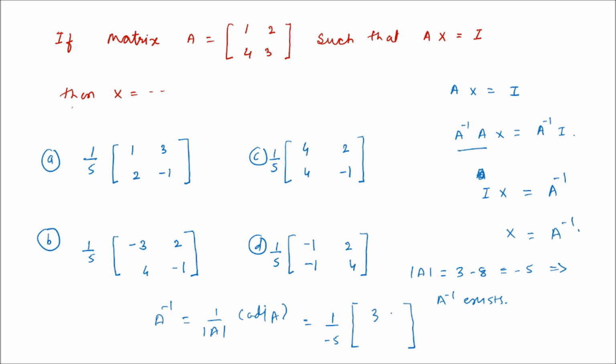It will be 3, minus 2, and so on. What will be our answer? If I multiply 1 by 5, we need to multiply by the minus sign inside the bracket. Minus, plus, plus, minus. So here 1 by 5 times minus 3, 2, 4, minus 1. So this will be our answer.